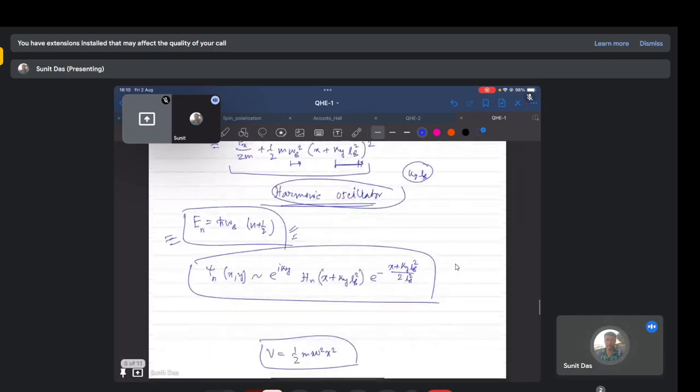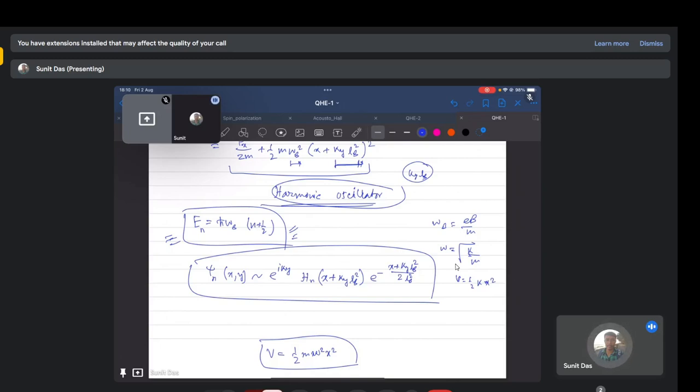Omega b is the cyclotron frequency, where omega b in our case is eB by m, whereas omega was the frequency when we talk about the harmonic oscillator in basic quantum mechanics, which is given by square root of k by m. k is the force constant, where potential energy was given by half k x square, right? So that's the only difference.